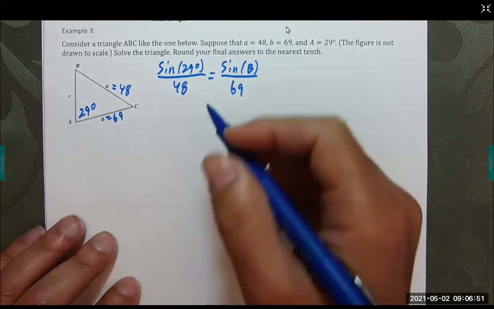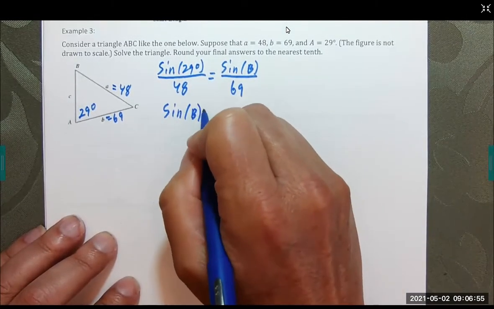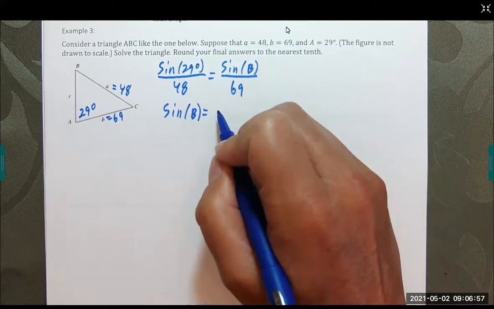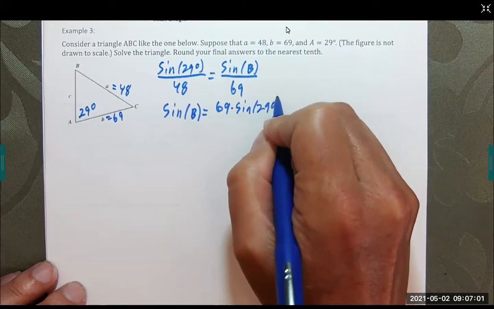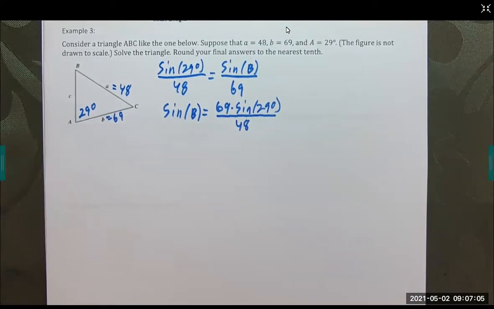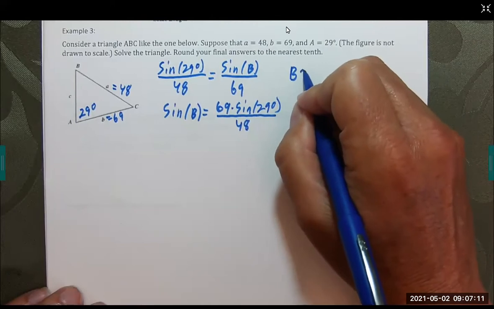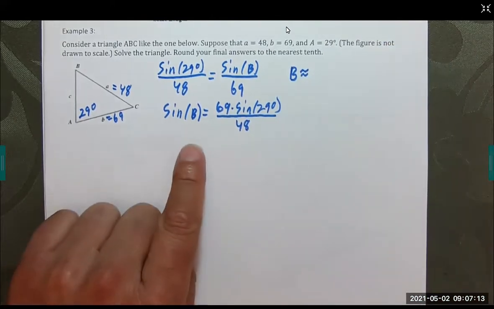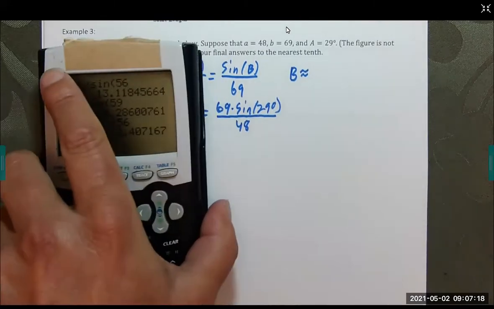And here's where the problem comes in. This is going to be 69 times the sine of 29 degrees over 48. All right. Now to get angle B, I need to keep in mind that when I do inverse sine to this, I get two potential answers.